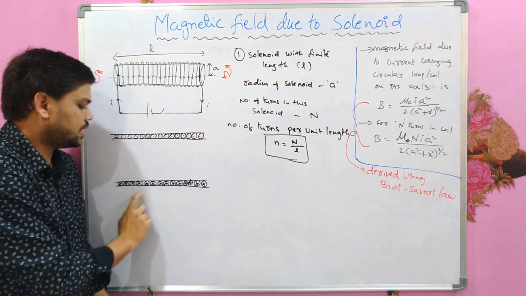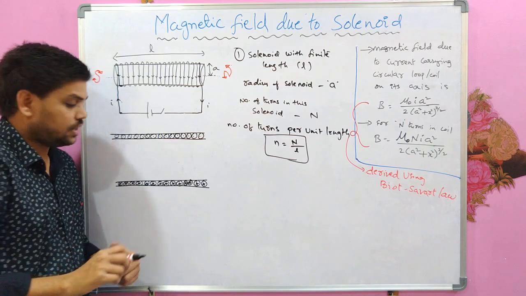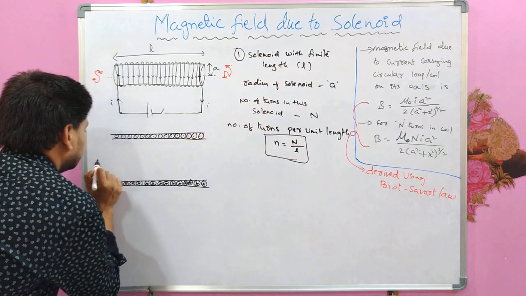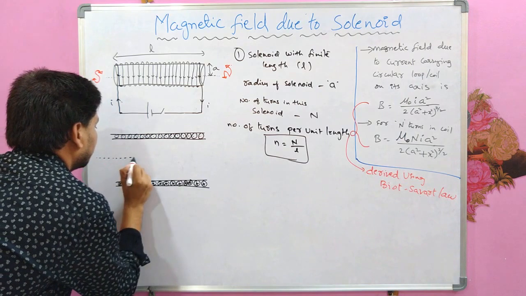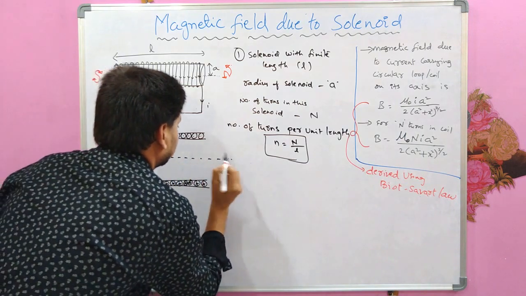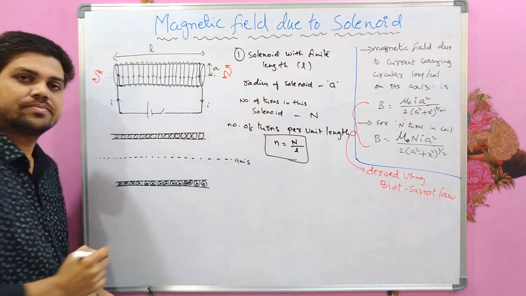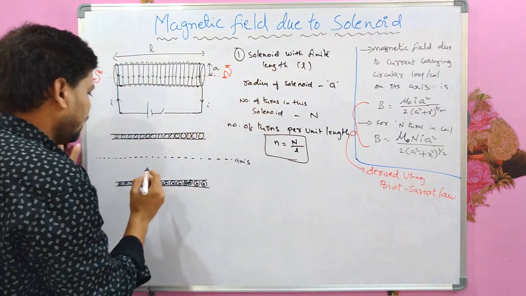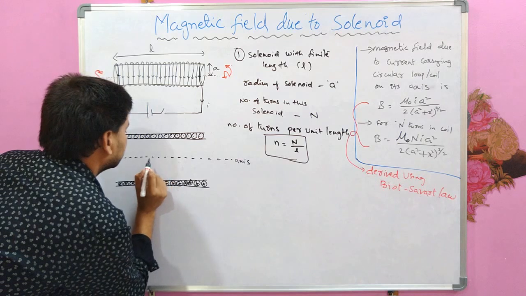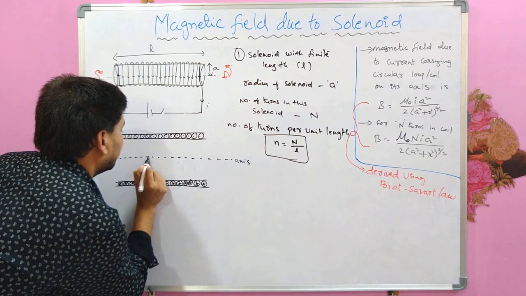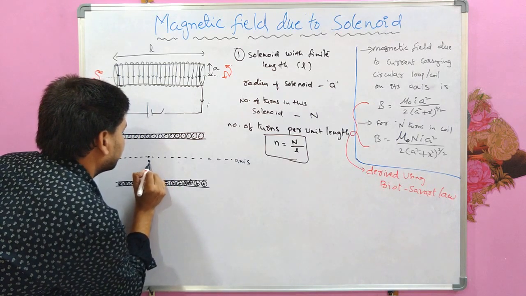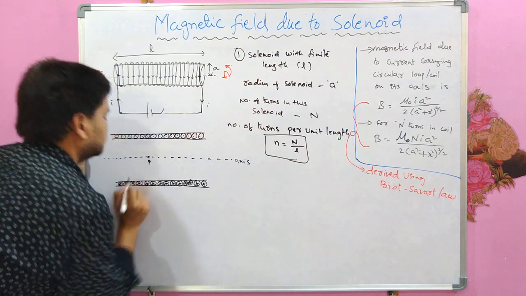Okay, this represents the current direction, right? And if this is the axis, which is passing through the center, I would like to find the magnetic field at some point P on its axis.